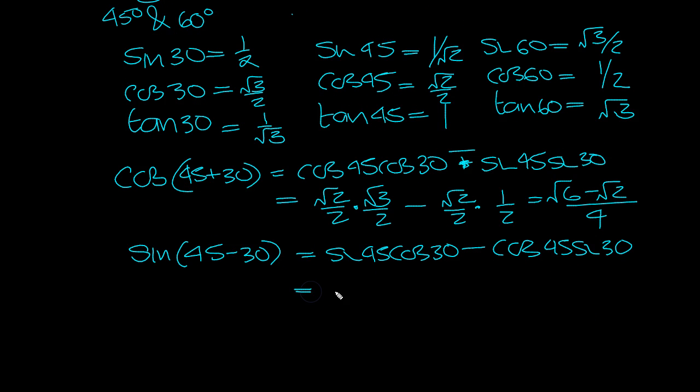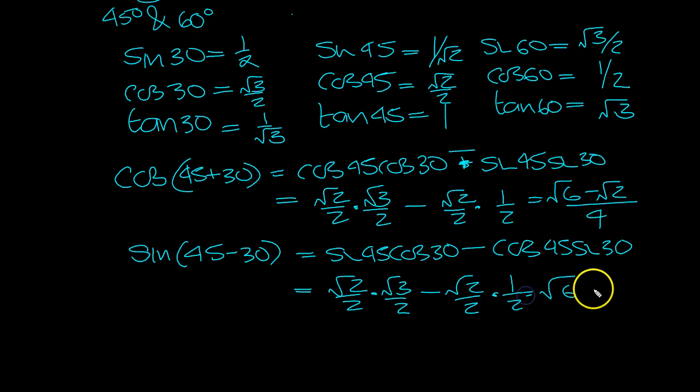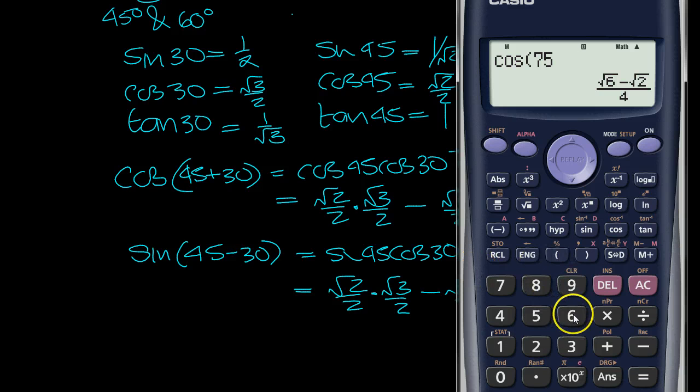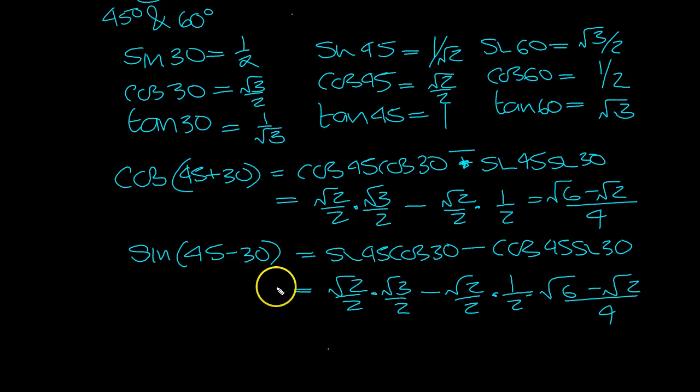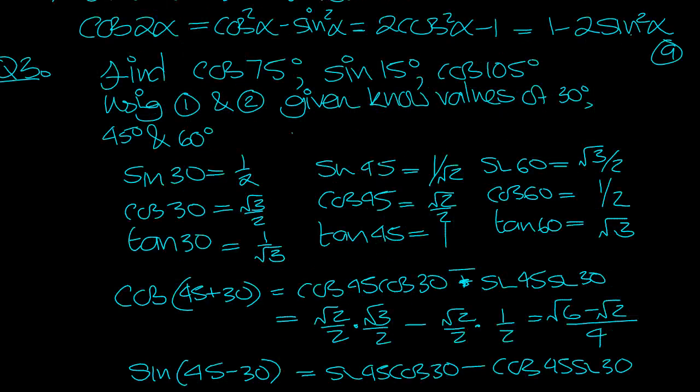So it's equal to sine 45, root 2 over 2, cos 30, which is root 3 over 2, minus cos 45, which is root 2 over 2, sine 30 is a half, so it's root 6 minus root 2 over 4. Same again, because they're complementary angles. So sine 15 you'll get the same, which we did. So that's cos of that and sine of that.